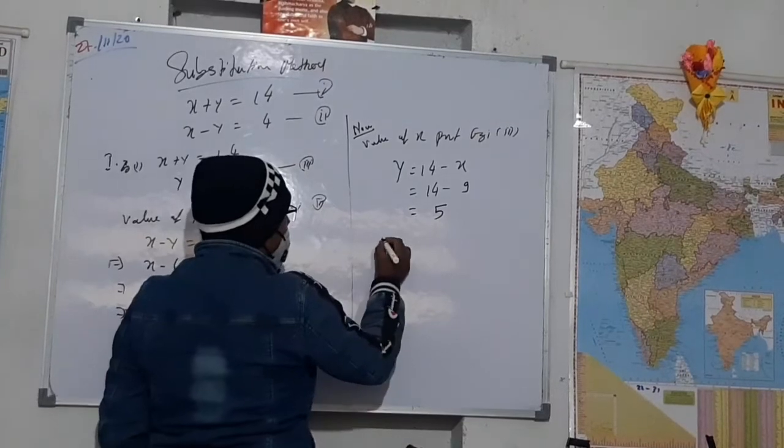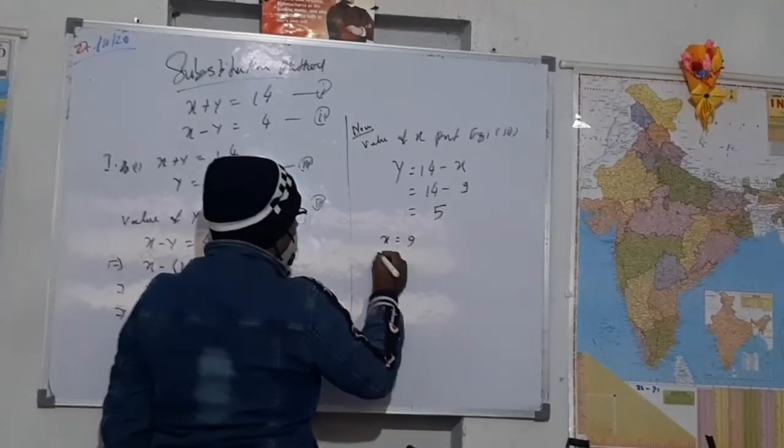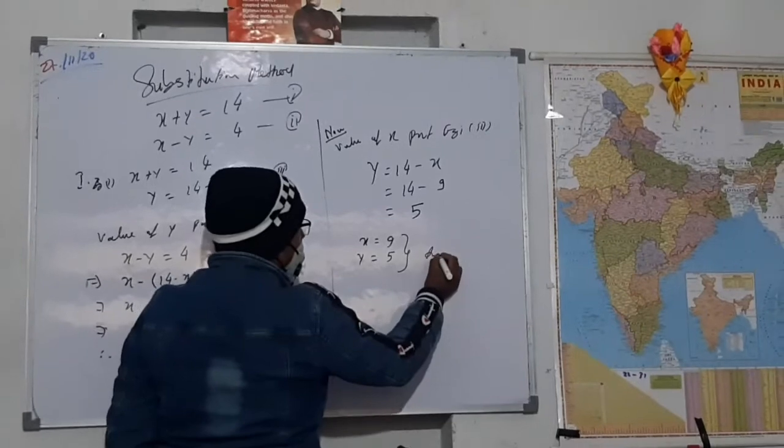Now the answer is x is equal to 9 and y is equal to 5.